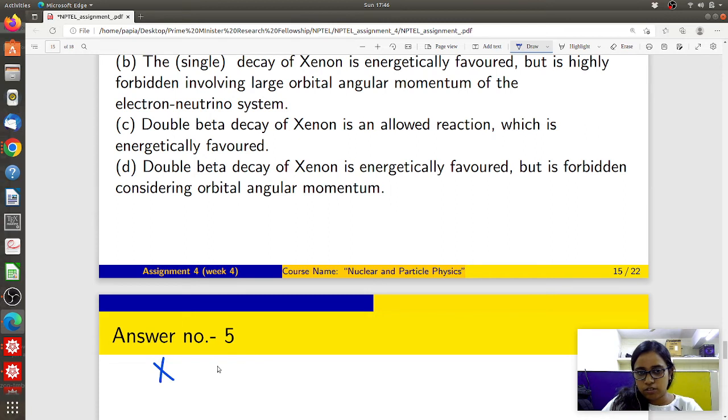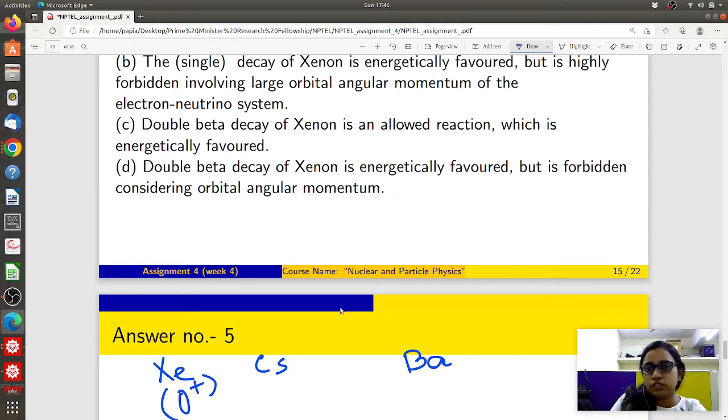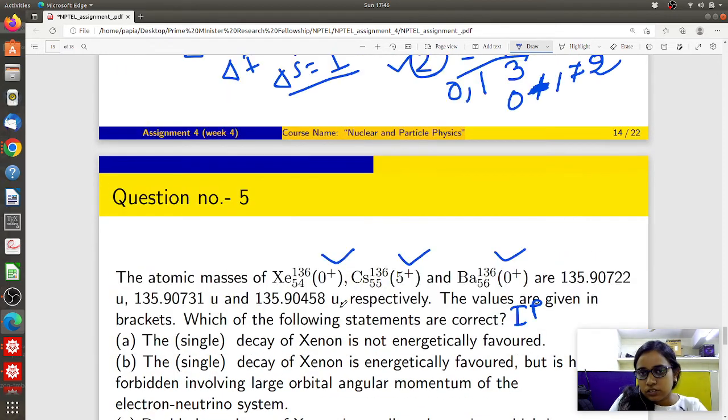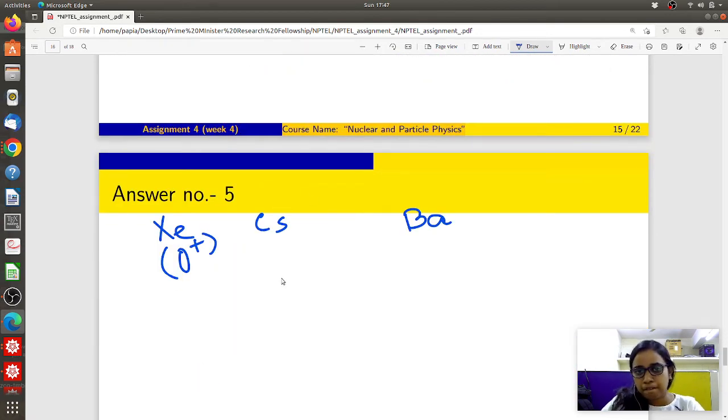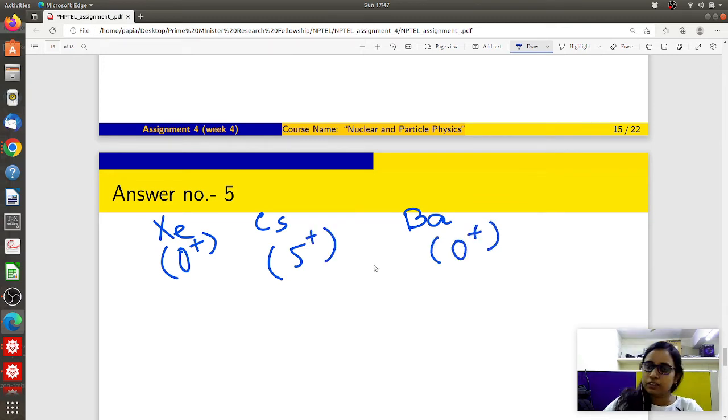Xenon has 0 plus, cesium has 5 plus, and barium has 0 plus. These are the I P values I am talking about here.